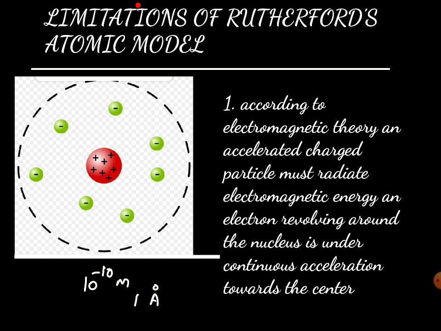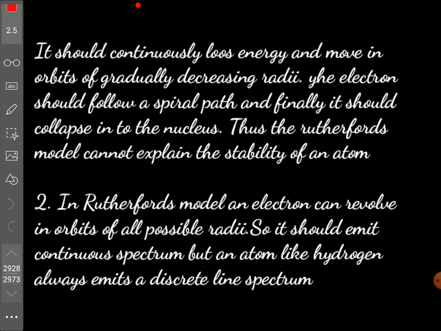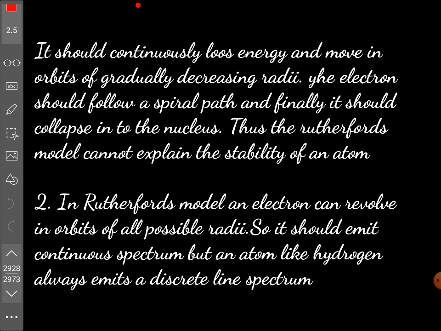But we know that an accelerated charged particle is a source of electromagnetic waves. So it must be radiating electromagnetic radiation, and slowly its energy will decrease, and it must follow a spiral path.